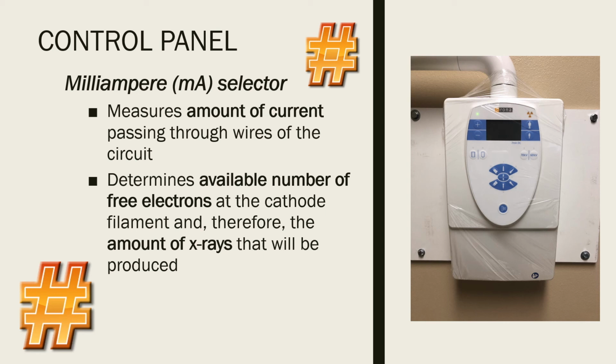So our machines will also have this one right here that says that we are using 7 milliamperage to produce an image. Again, milliamperage, amount, number, and how much X-rays are produced.